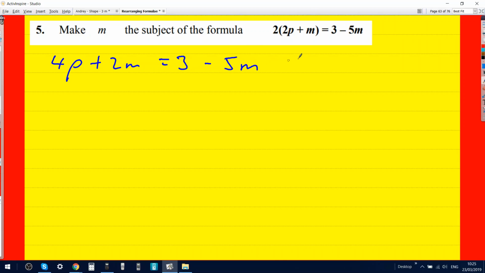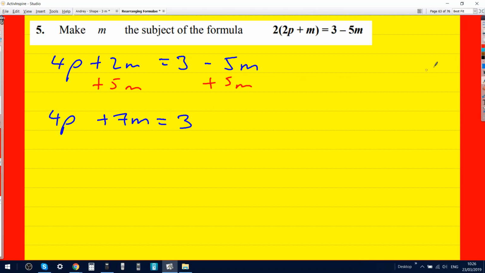No. The smaller one is minus 5. So you eliminate the minus 5. Oh, so you'd add 5. Yes. So 7m. So 4p equals 3 minus 7m.